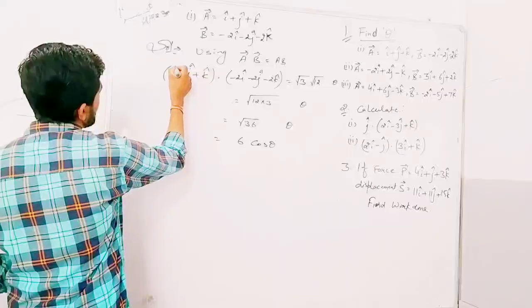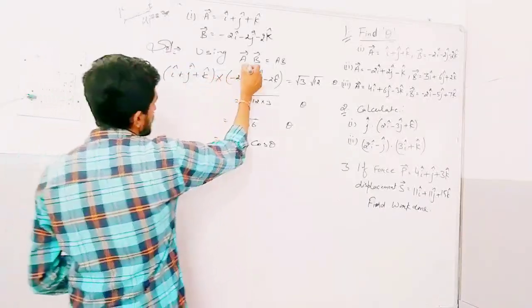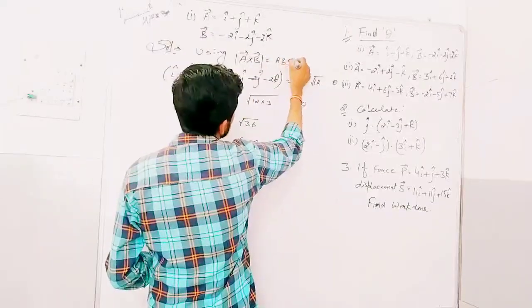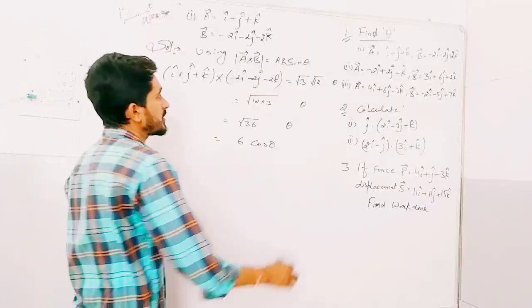I cap, j cap, k cap, we have to apply the cross product, and A cross B gives AB sin theta.